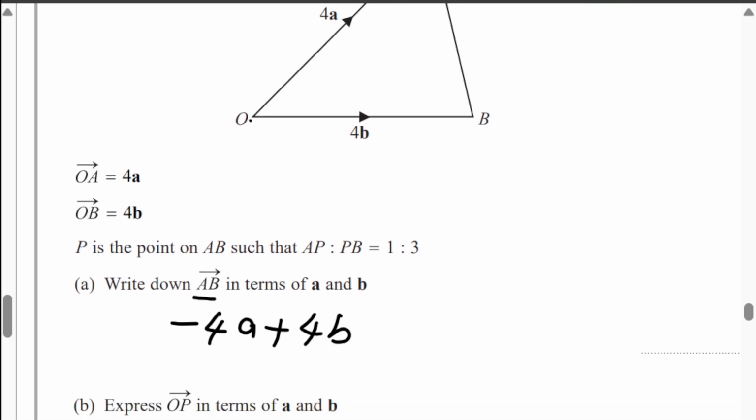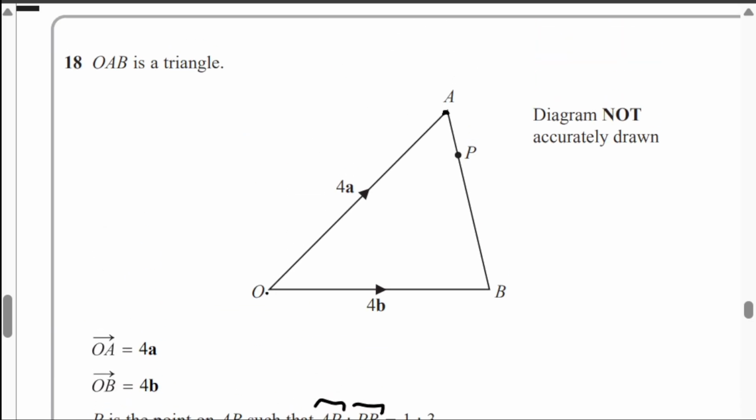The question says, point P is on AB such that AP to PB is 1 to 3. So 1 to 3, that means this is all 4. What's the whole length? What's AB?